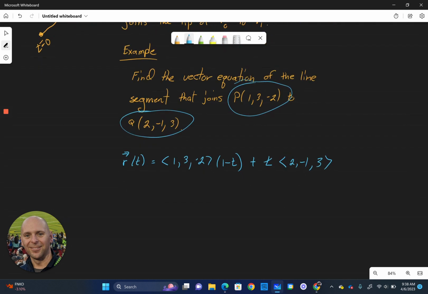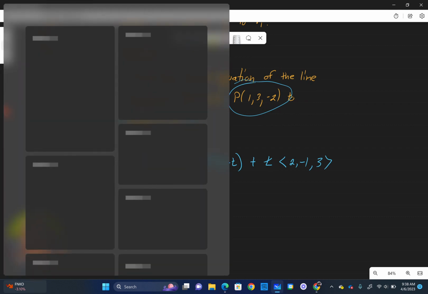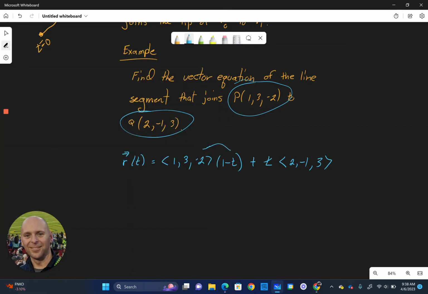So there you have the general construct. That's not usually how we leave it, though. We actually are going to simplify this out, and that means that we'll distribute this through. So I'm going to have that r of t is going to be equal to 1 minus t, 3 minus 3t, and negative 2 plus 2t.